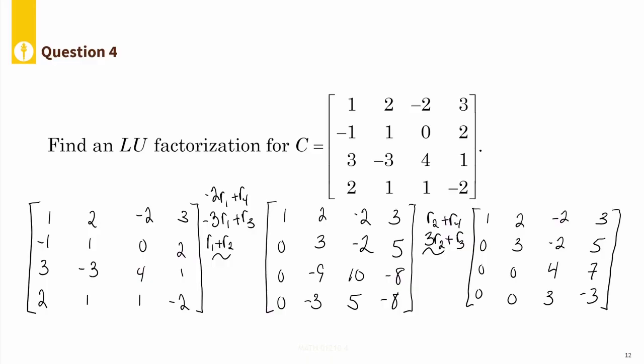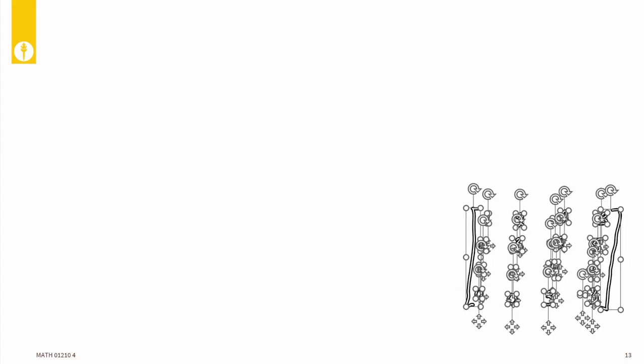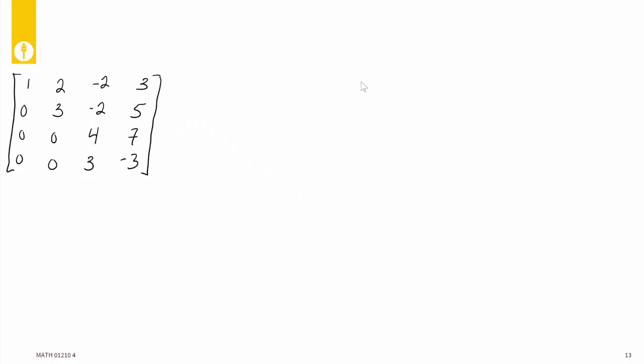Now comes the fun step. What happens if I do this? Yes, that works. Just don't use my mouse. What times 4 gives you 3? Or negative 3, rather. Negative 3.